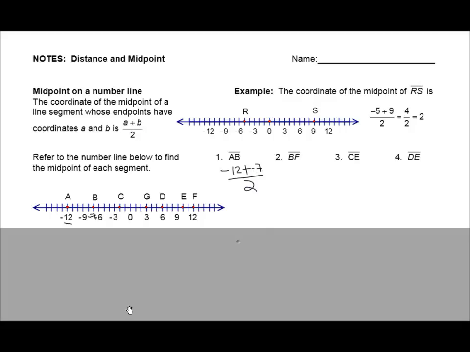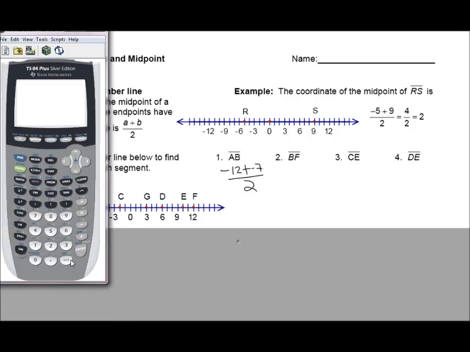Now, most of you are going to be tempted to pick up your calculators and just plug all of that in. You'll say negative 12 plus a negative 7 divided by 2. That's wrong. You cannot stick all that in your calculator, because your calculator is only going to take the negative 7 and divide it by 2.